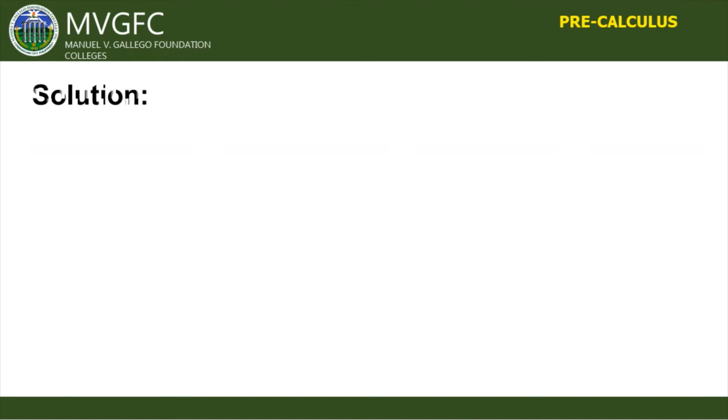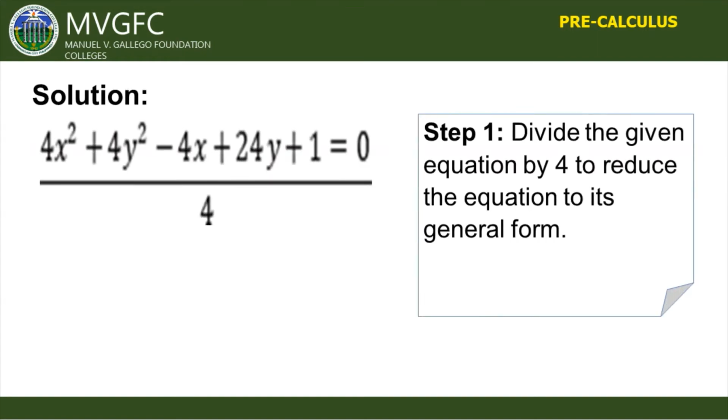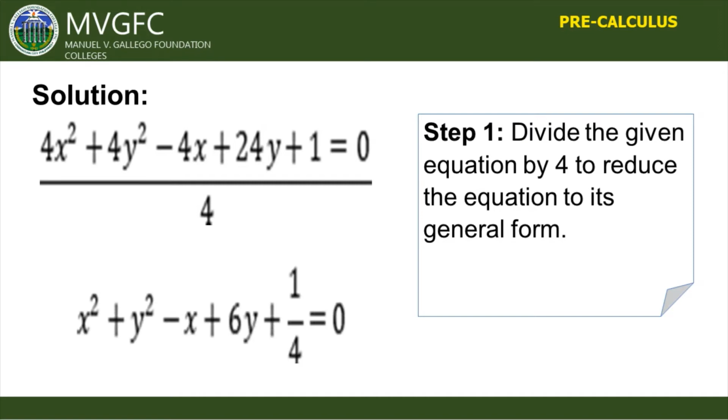For our solution, step 1 is to divide the given equation by 4 so that we can reduce the equation to its general form. Most of the terms are divisible by 4, so simply divide them by 4. Our answer would be x squared plus y squared minus x plus 6y plus 1/4 is equal to 0.